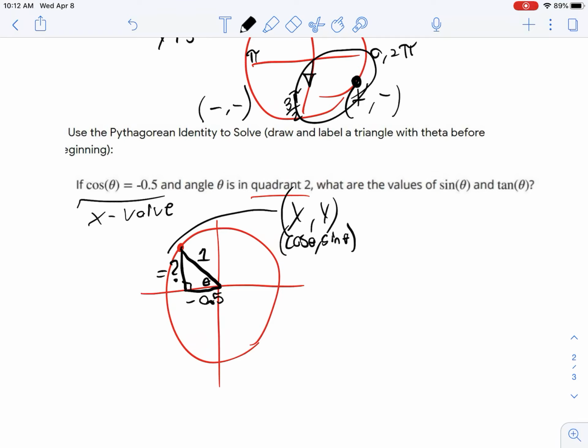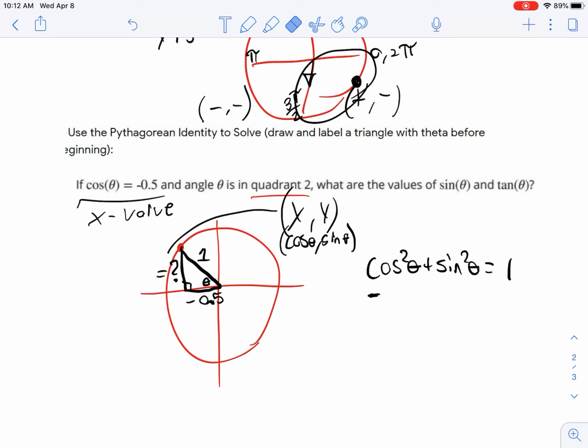So when we do this, we're just going to plug it into the Pythagorean identity. And that states that we have cosine squared theta plus sine squared theta equals 1. So cosine is negative 0.5, I messed up on that point there. It's actually going to be negative 0.5.